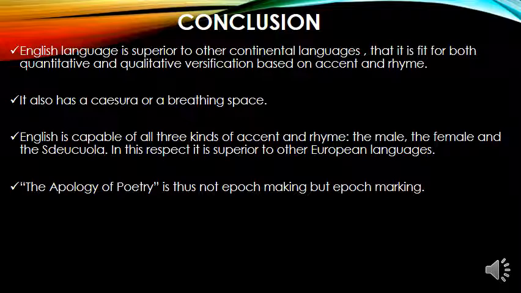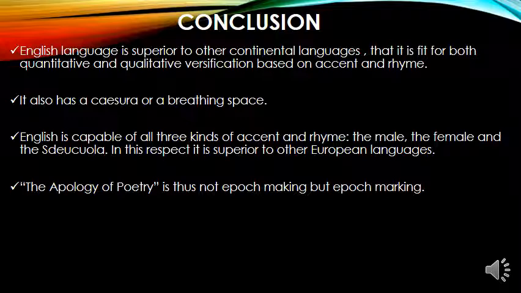For example, there are a lot of figures of speech, accent, rhyme that can be put into this language. Plus, it can also be used for quantitative versification. Concepts and themes can be better put out or presented through the English language.